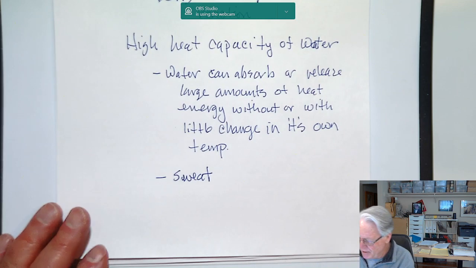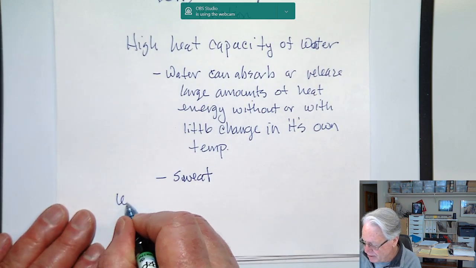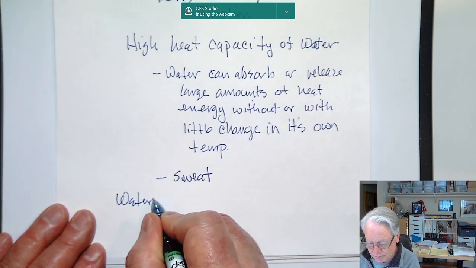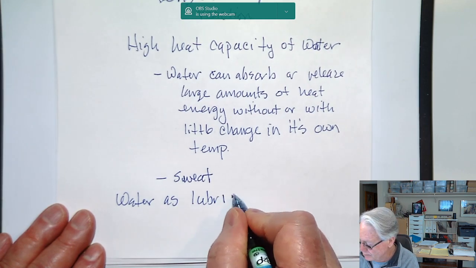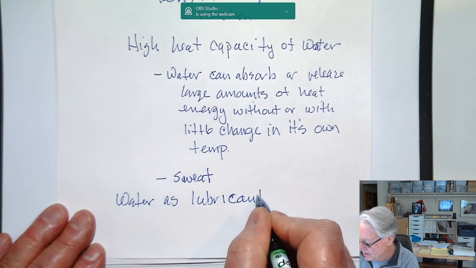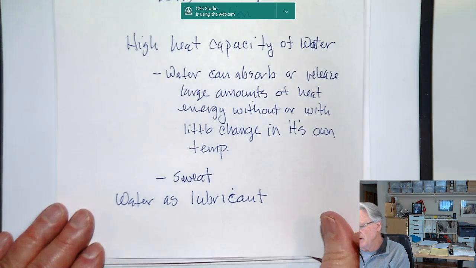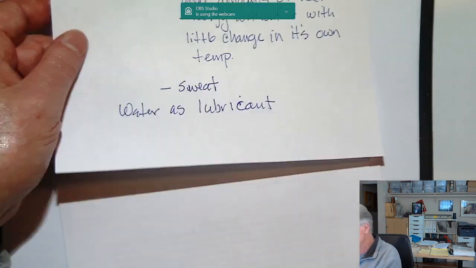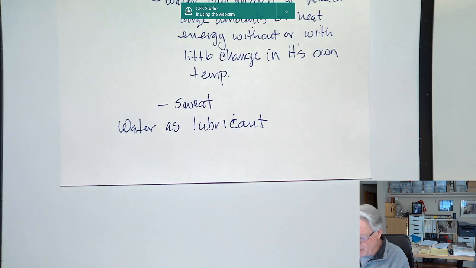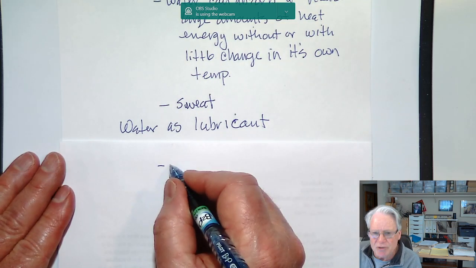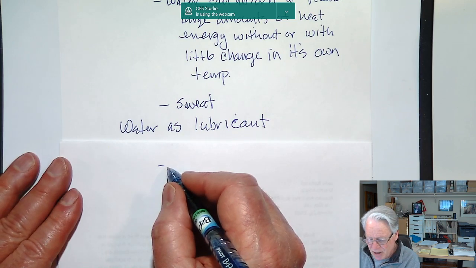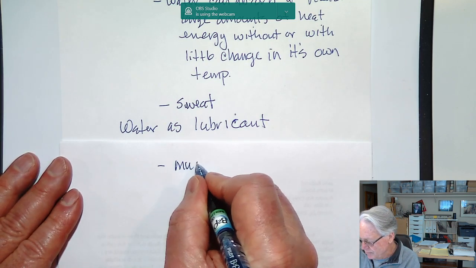The last thing is water as a lubricant. So water is being used throughout the body to lubricate movement, to make it easier for body parts to move. So what we do is we produce a substance called mucus.